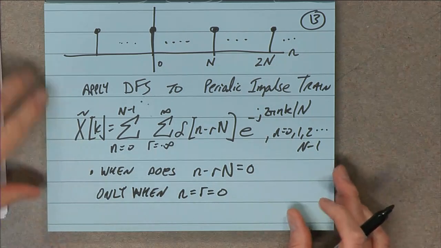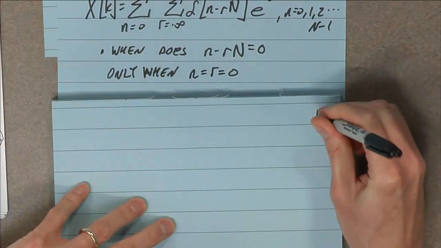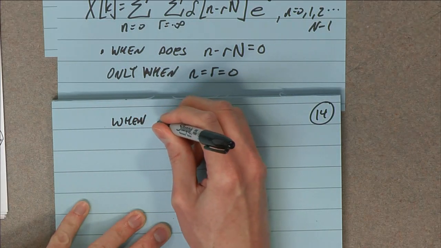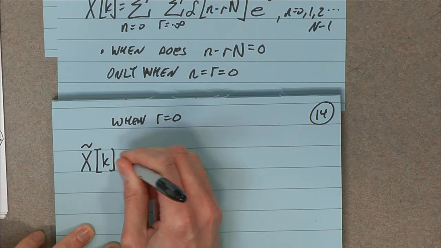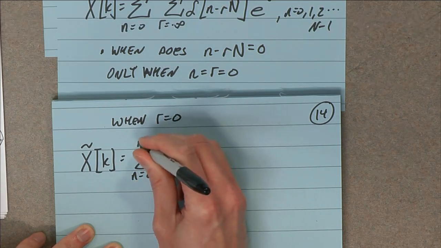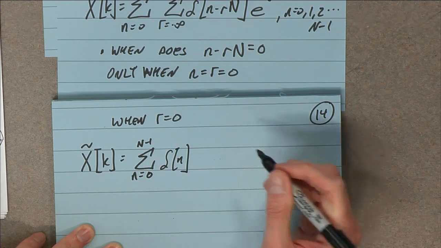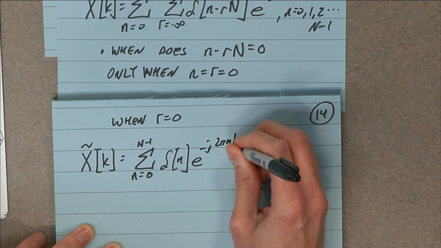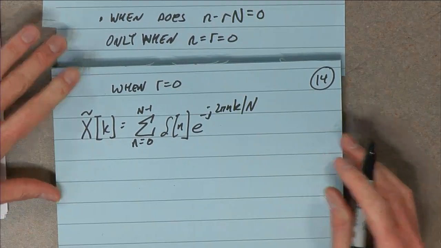So we're going to break it into 2 steps and let r equal 0 first and see what falls out. So when r equals 0, things simplify a bit. So we've got n is 0 to n minus 1, delta of n, because r equals 0, and e to the minus j 2 pi nk over cap n again. So we got rid of one of the summations.